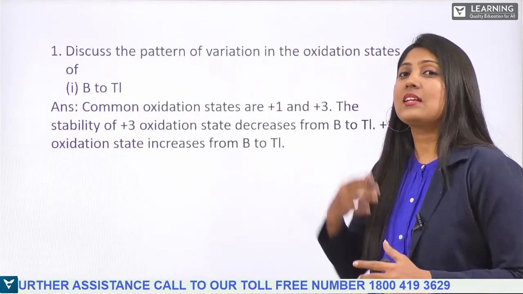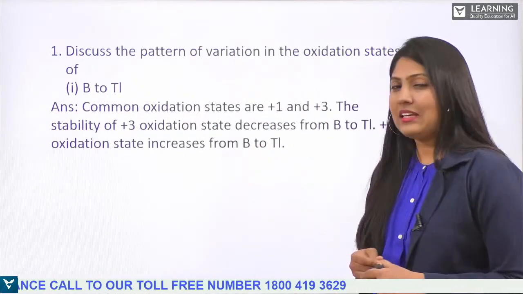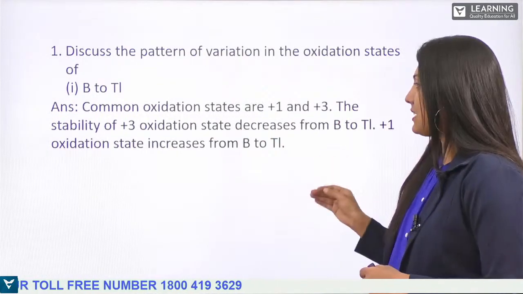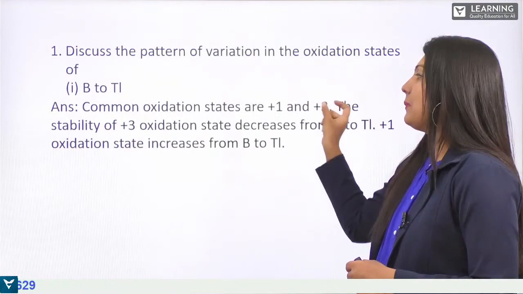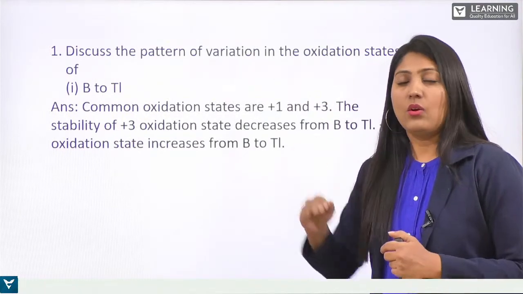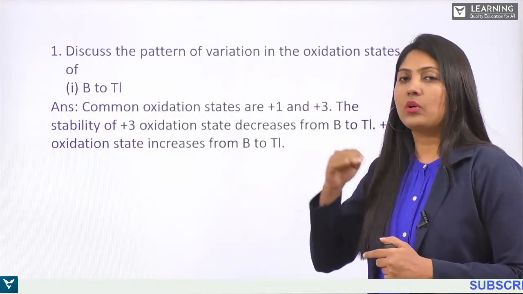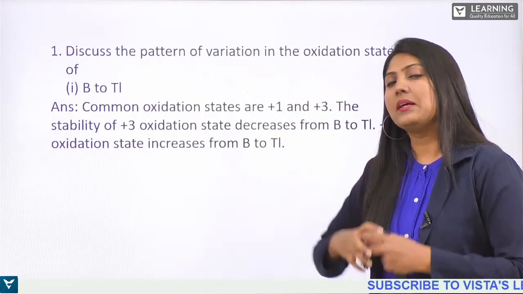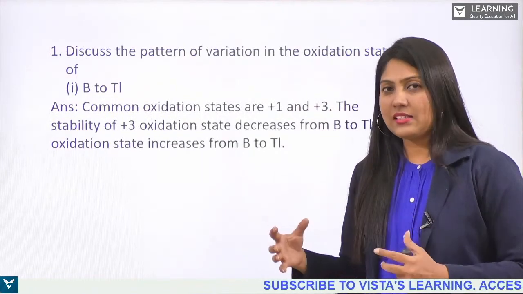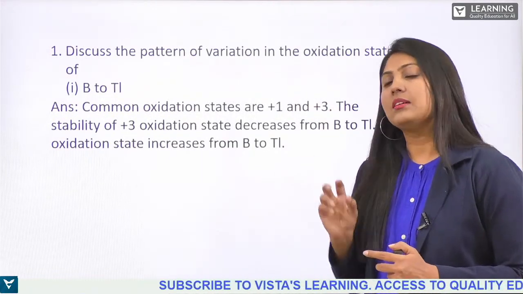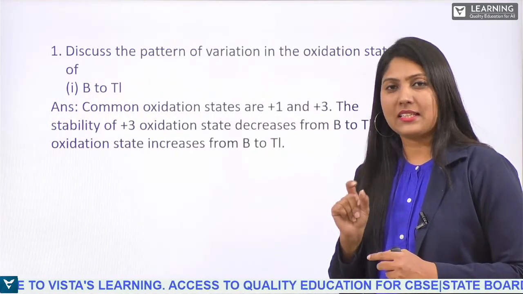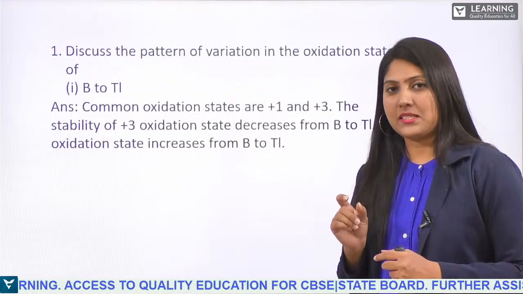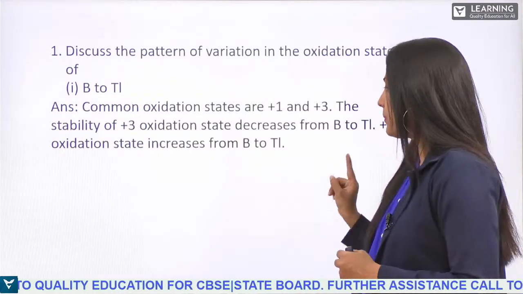The stability is more for the +3 oxidation state, and it decreases from boron to thallium. For boron, +3 is stable, and it decreases from boron to thallium as down the group size increases. As size increases, s block elements will be stable. The electrons present in the outermost s orbital will be more stable than those of the outermost p orbital.